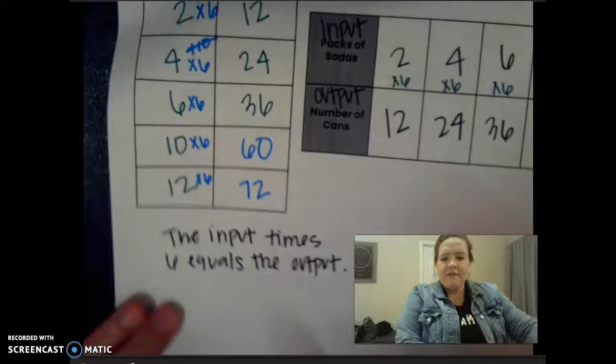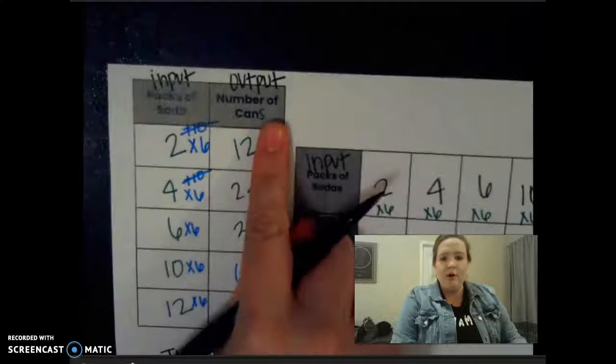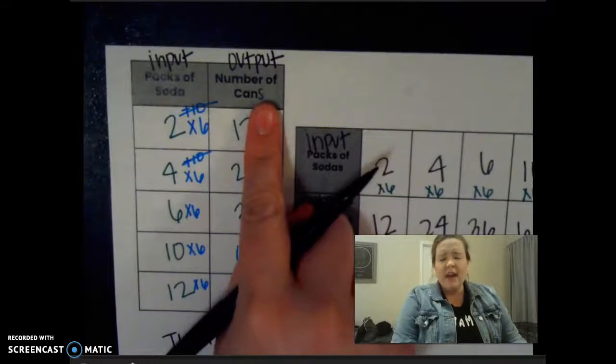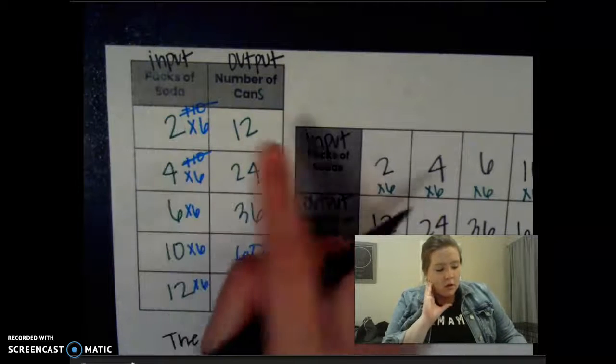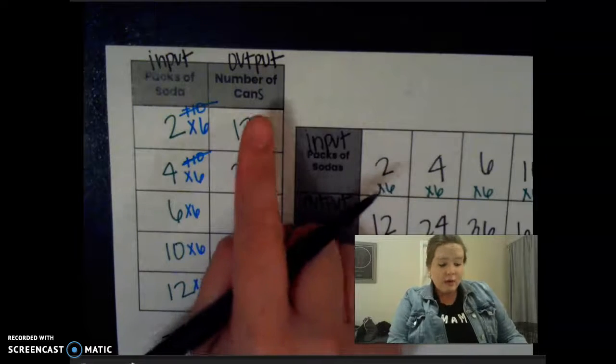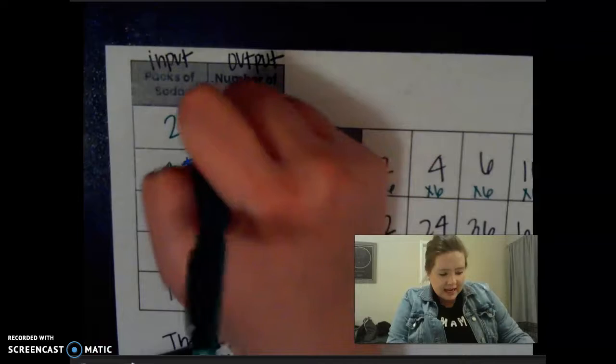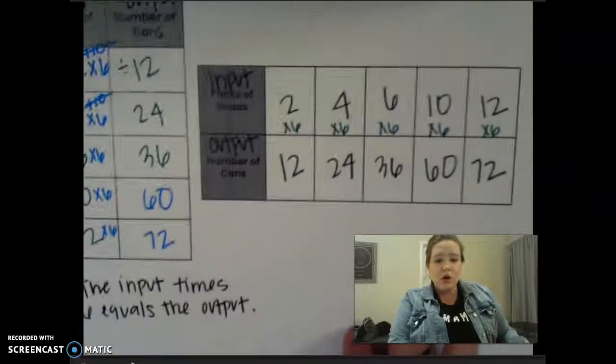And remember, if the input times 6 equals the output, what's the opposite to get to the input? The output, good job, divided by 6 equals the input. So you need to recognize the rule both ways.